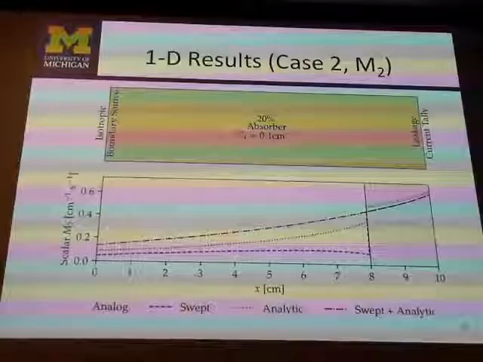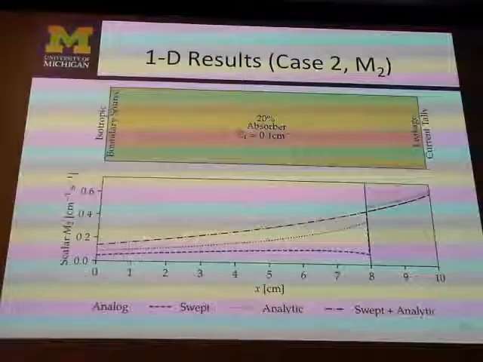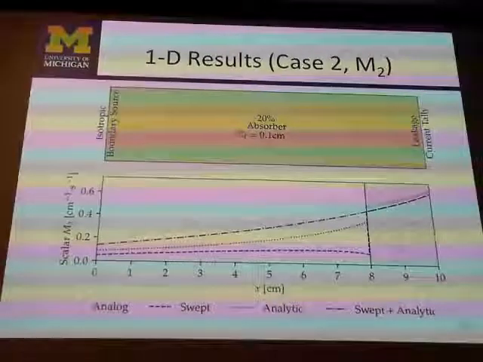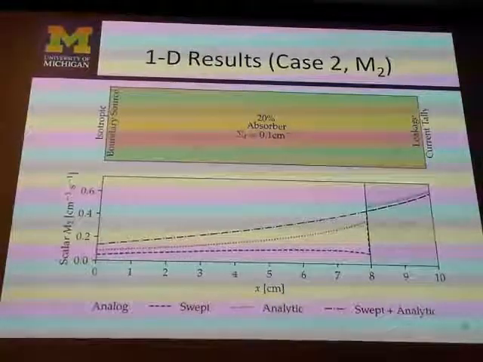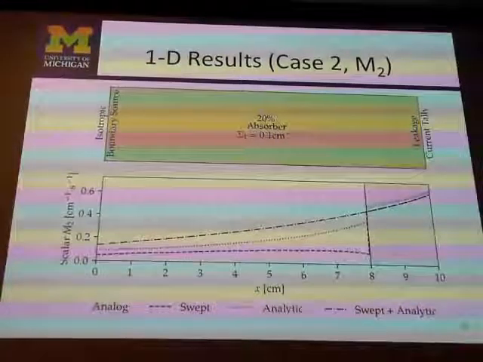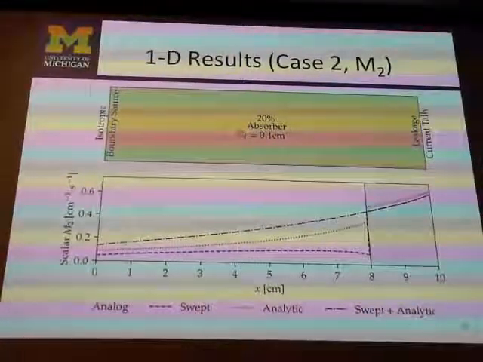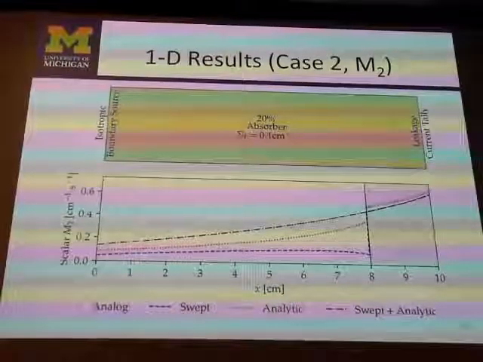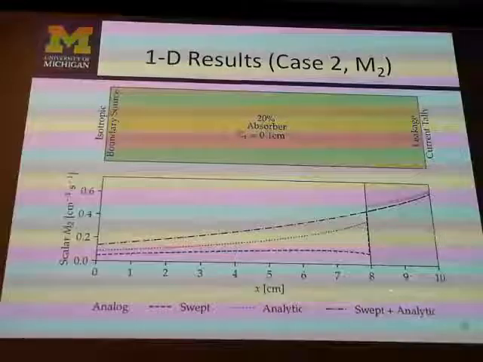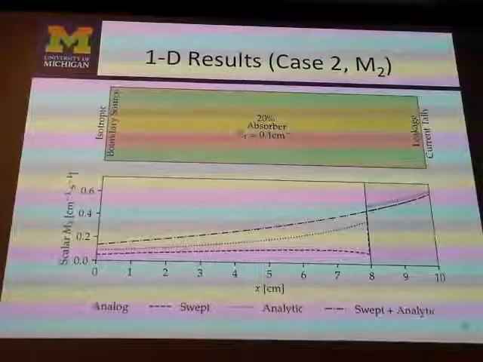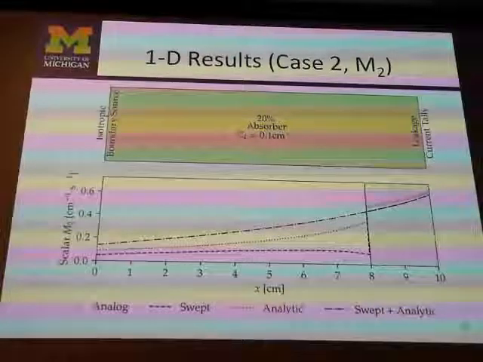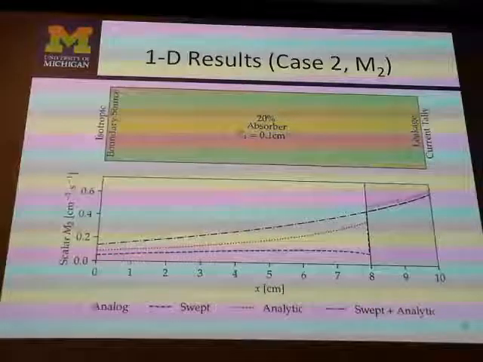For M2, the second moment, we expect there to be a shift. Variance reduction should always give you the right average, so the means should always agree. This dashed line represents the calculated second moment, which is used to infer the variance, and gray represents the analog process. I should add there's a DXTRAN surface right here at x equals 8 centimeters. So the mean matches up. M2 changes, as we expect it to when we compare it with MC.